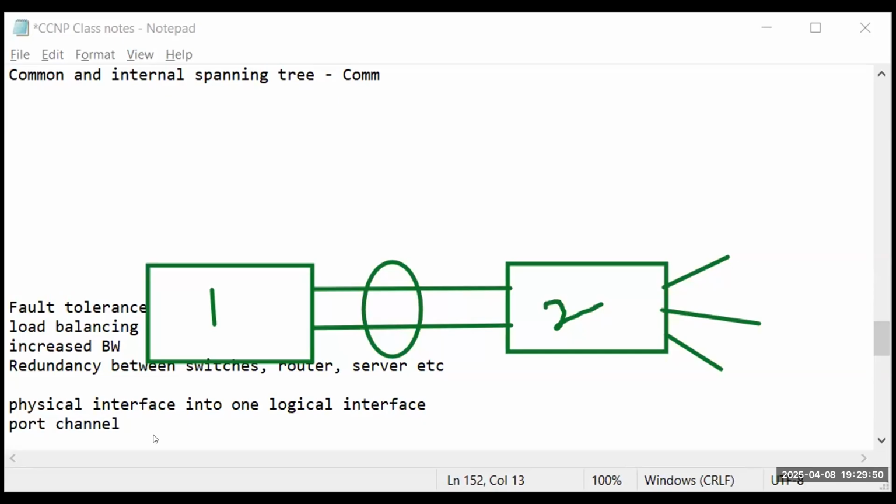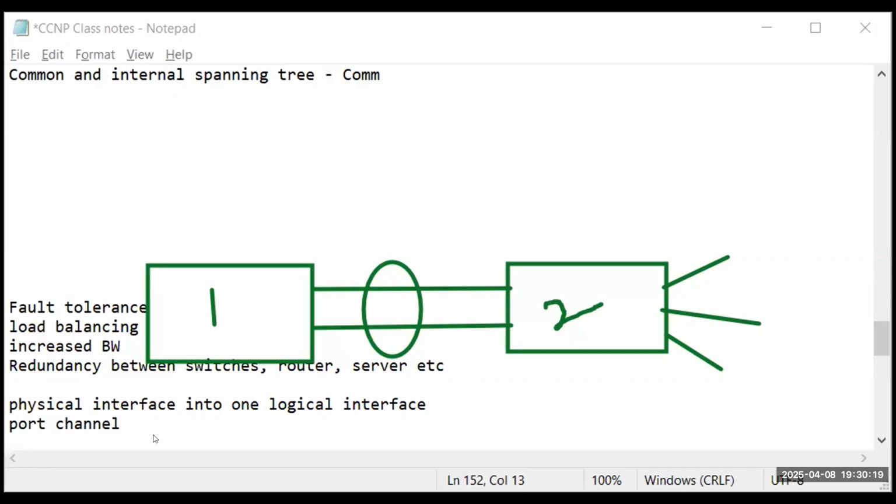We can also have several Ether channel bundles between two switches. I have 8 ports, but all the 8 ports need not be in one logical interface. I can still bundle them into two port channels. Anything can be done, based on the requirement.